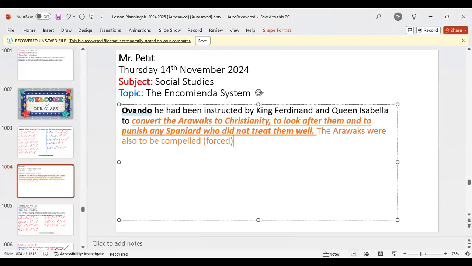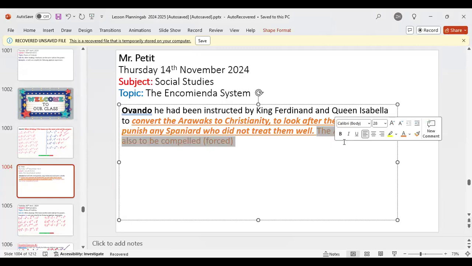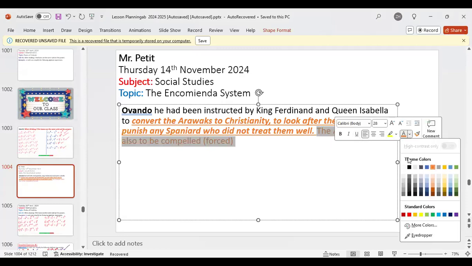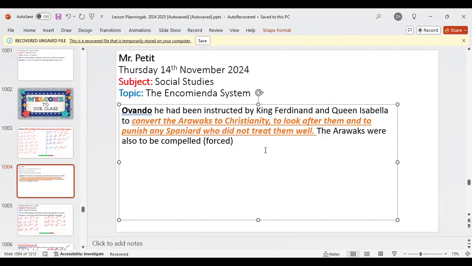Basically forced, forcing somebody to do something. Yeah, the Arawaks were to be forced to work, but they were to be paid wages for this.